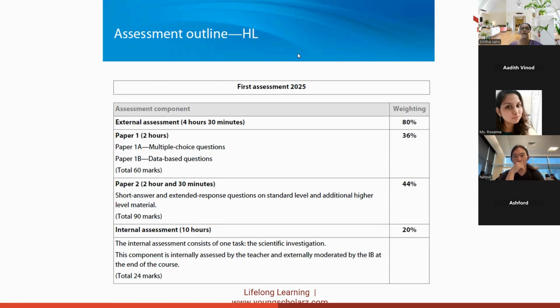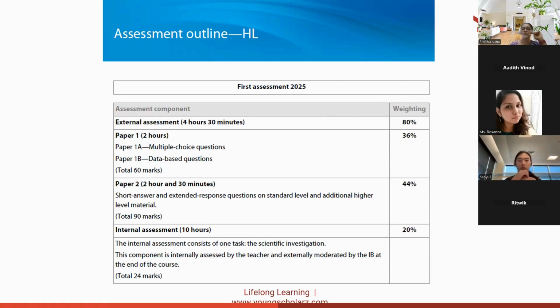You will have separate papers for 1A and 1B. They will give both the sheets at the start itself, so the student can do anything first, whether you want to do MCQ first or 1B, that is data analysis, it's up to you. You solve both, which is together 60 marks, and you are given 2 hours for that.